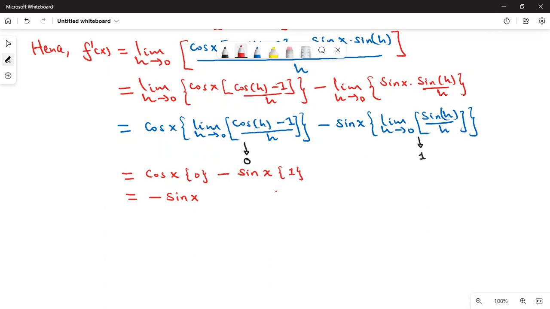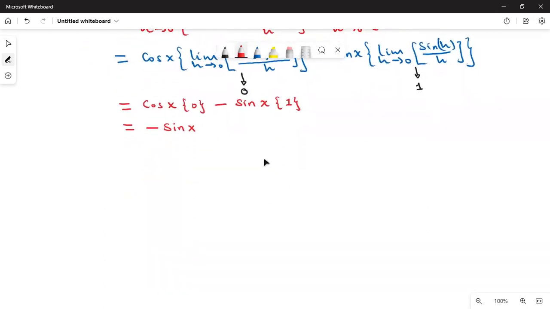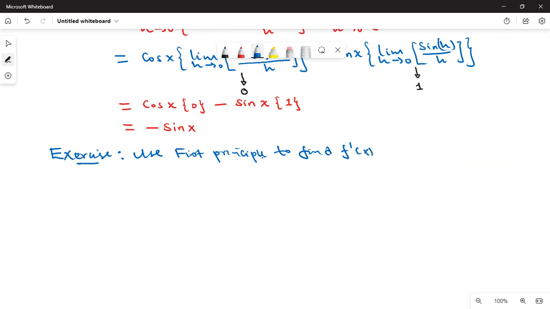Before I conclude, let me give you some 3 functions to try at your own time so that you master this concept of first principle. So you can write exercise: use first principle to find f prime of x.